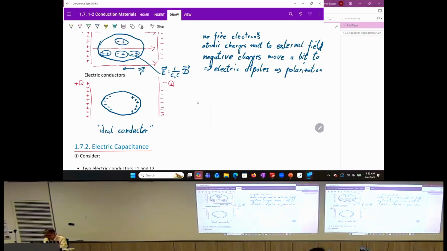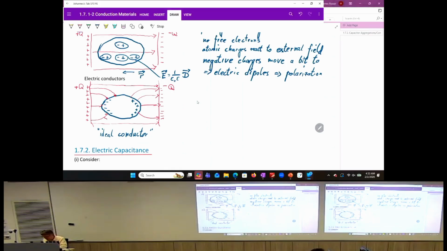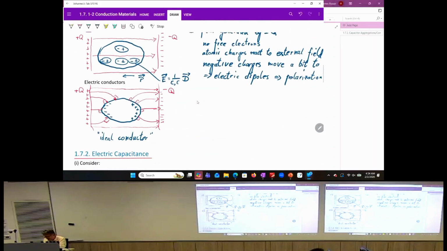If you look at your electric field, then when the perfect electric conductor is placed in, the field lines will run into that conductor, and on the other side they will come out again, and you will have inside a secondary electric field such that the electric field inside is vanishing.